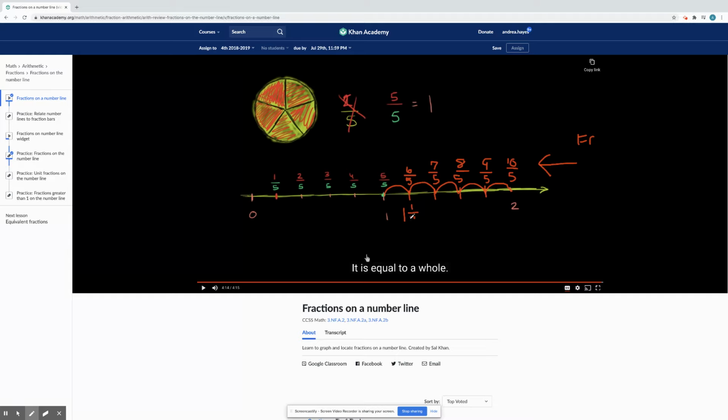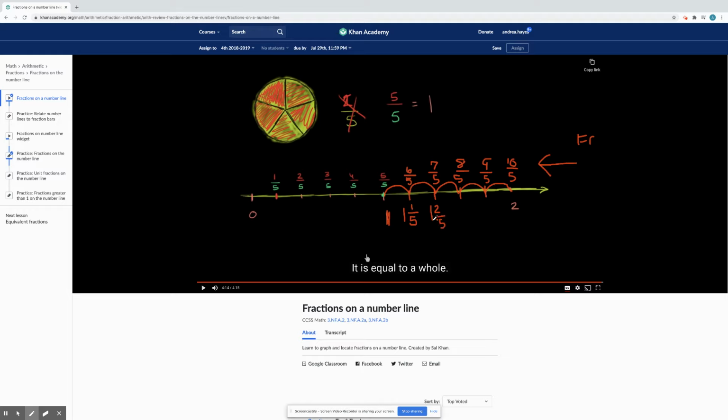It equals the same exact thing, but you're going past the 1 whole. There's your 1 whole. So you're going past 1 whole, and then you're going past it 1 space. So 1 and 1/5. Then you have 1 and 2/5.